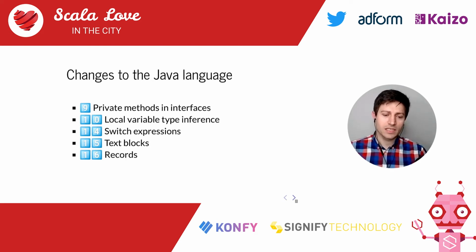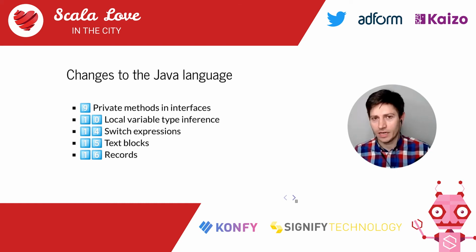Since Java 16, which should be in a month and 3 days, I believe, we're going to see records in Java. Records being somewhat similar to case classes, but they are not exactly the same. And this is really a long shot, so please don't, we can compare them, but they are nowhere near, I think. But basically, they are Java's answer for immutable data carriers.